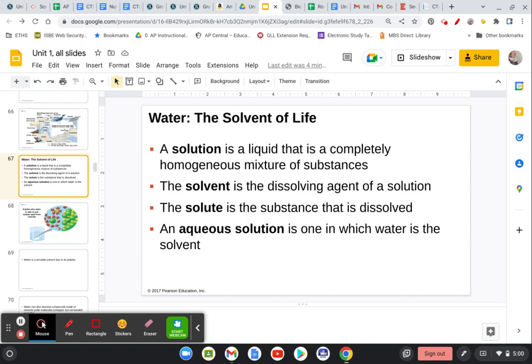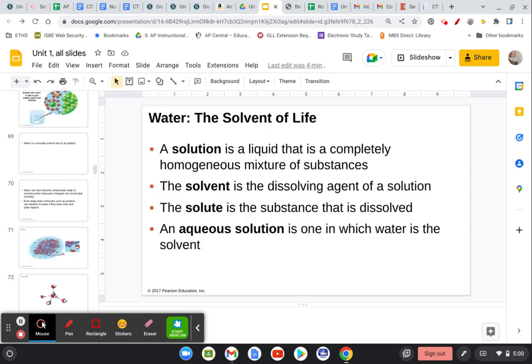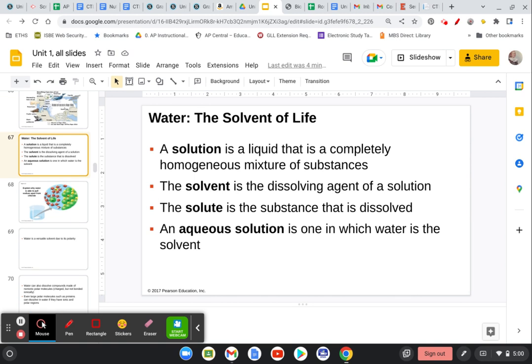All right, our last property, I think this is our last one, is water as a solvent. What does that mean? Well, going back to chemistry, a solution is when you take two or more things and mix them together, and it's a homogeneous mix.